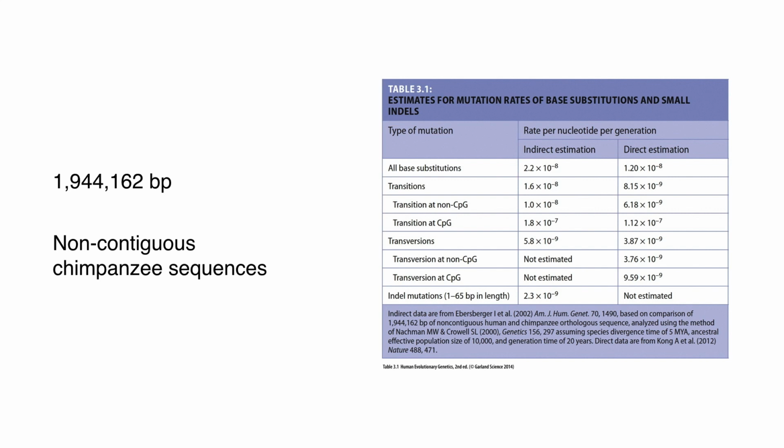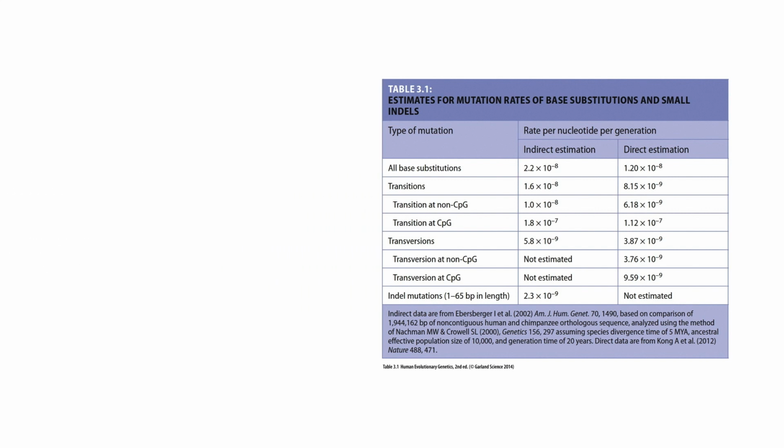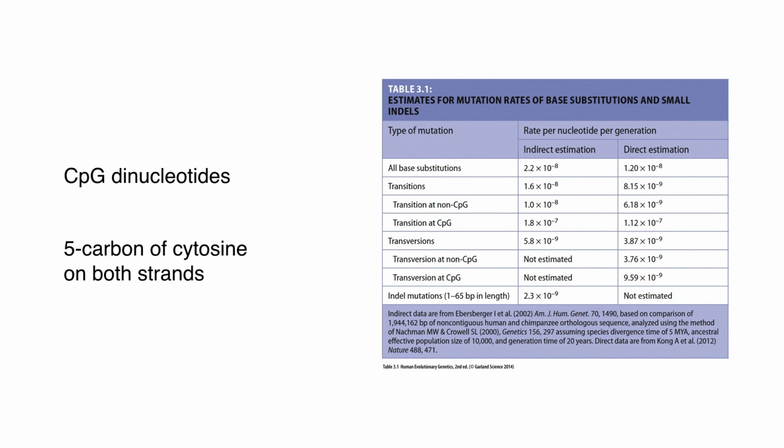to the human orthologs. In CpG dinucleotides, where a C nucleotide is followed by a G, the mutation rate is elevated by more than tenfold. Most of these CpG dinucleotides are methylated at the 5 carbon of cytosine on both strands.